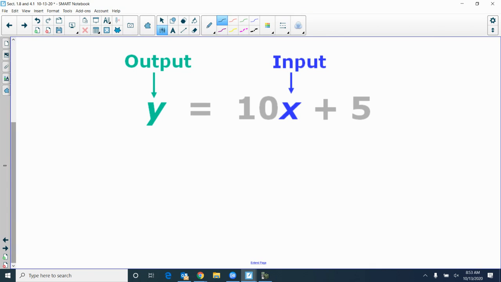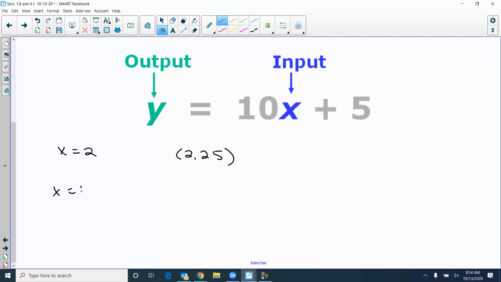So just think about this: if x equals 2, what does y equal? Make sure this is making sense. Grant, what does y equal? y equals 10 times 2 plus 5, which is 20 plus 5, 25. So this gives us the ordered pair 2, 25, because when I plug in 2, I get back 25.